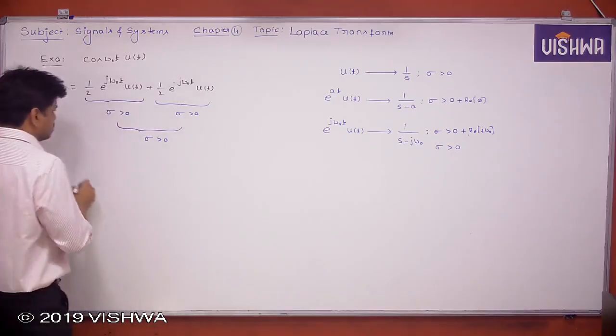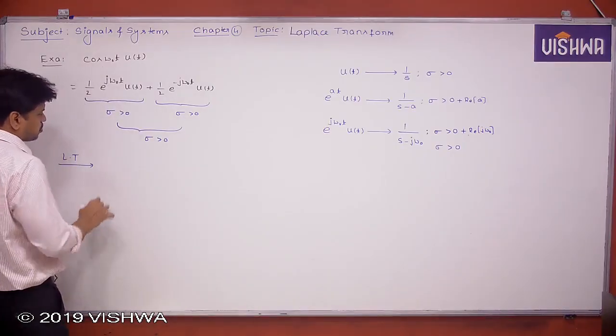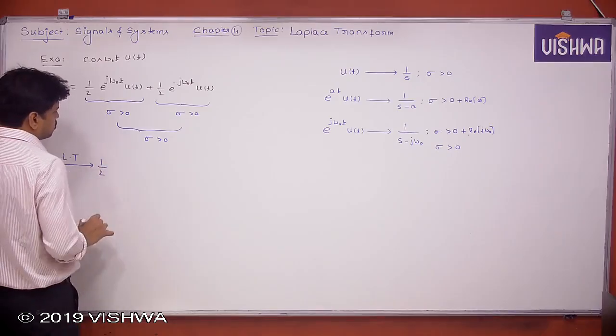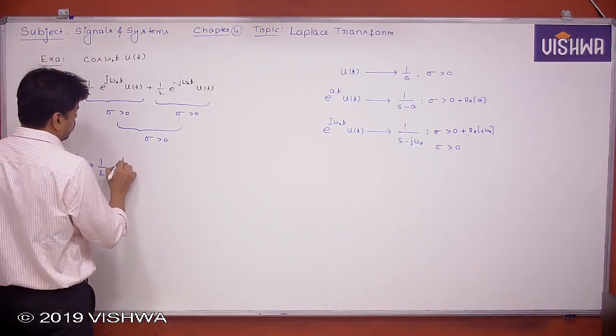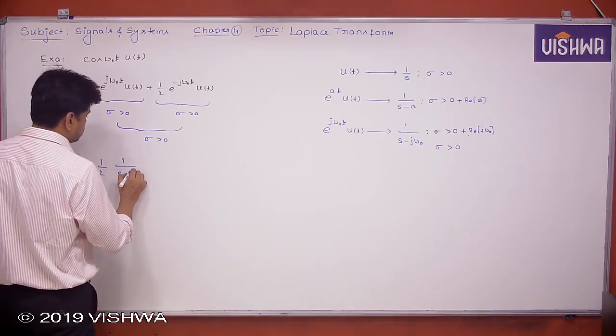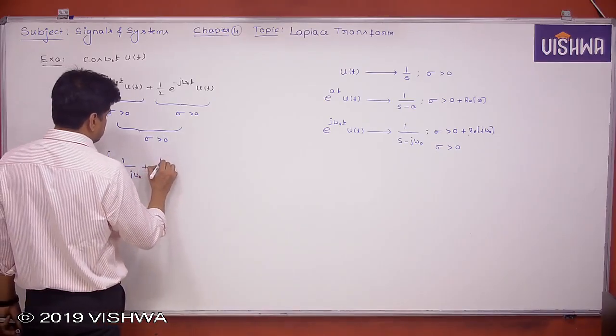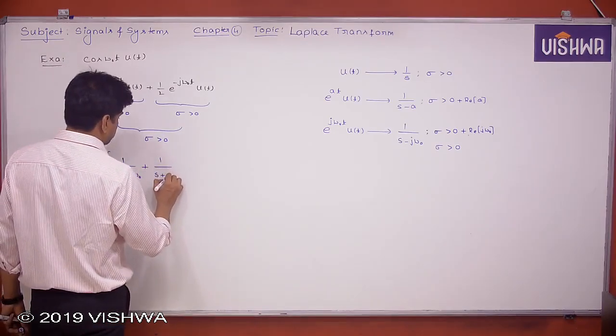Now we are having common ROC, then we can apply Laplace transform. 1 by 2 [1 by s minus j omega naught plus 1 by s plus j omega naught].